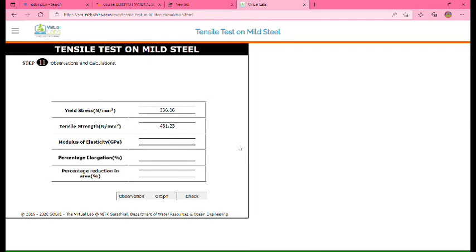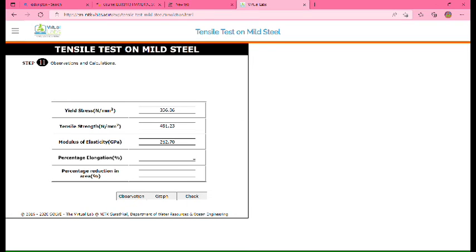And for modulus of elasticity, we use a formula: slope times 1 over least count times gauge length divided by original area, and we got 212.70 GPa.